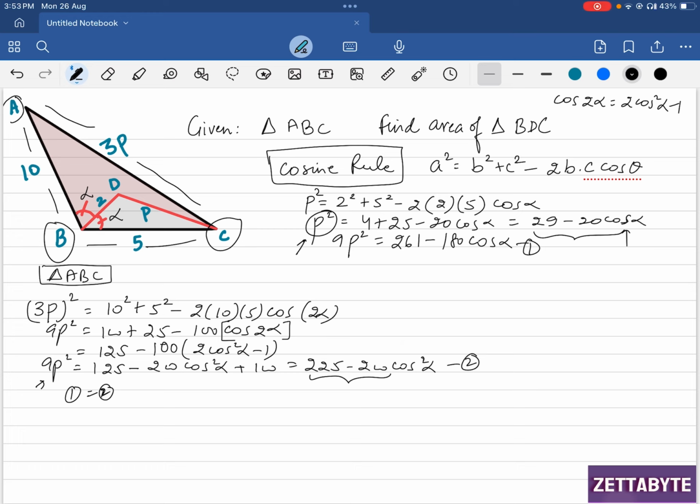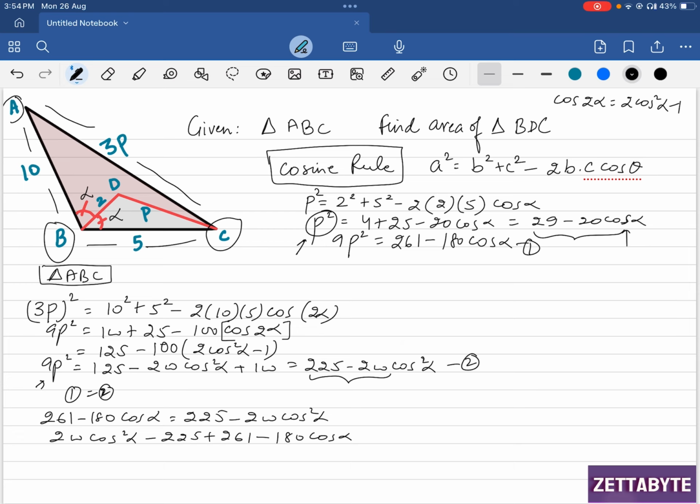So now you have 261 minus 180 cos alpha equals 225 minus 200 cos square alpha. Rearranging quickly, it's going to be 200 cos square alpha minus 225 plus 261 minus 180 cos alpha.